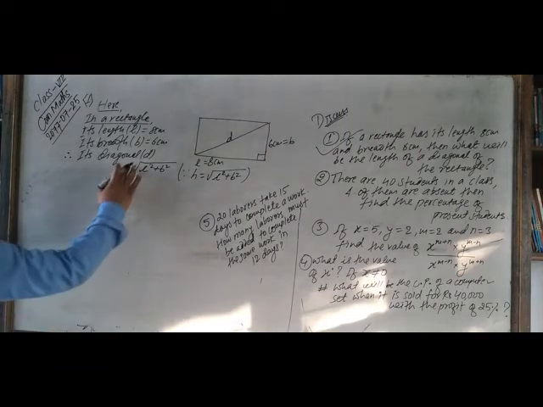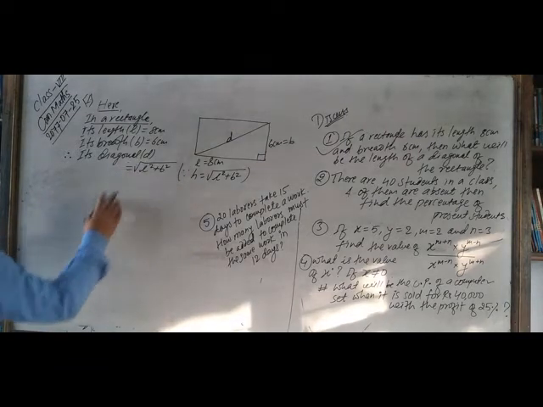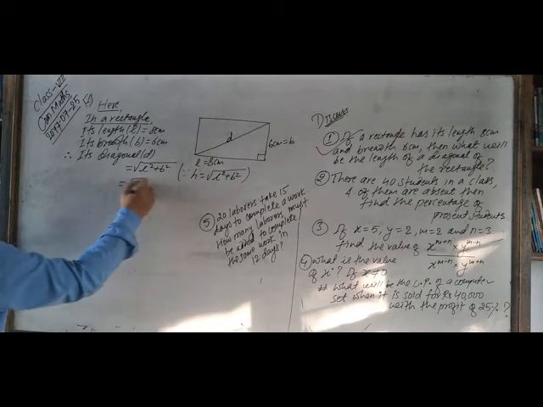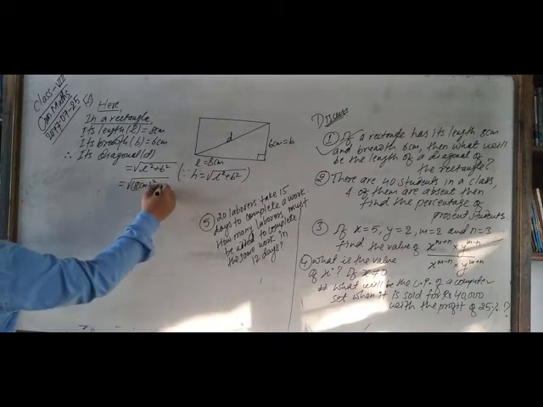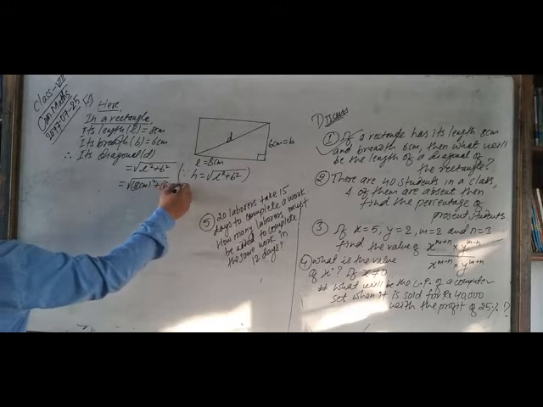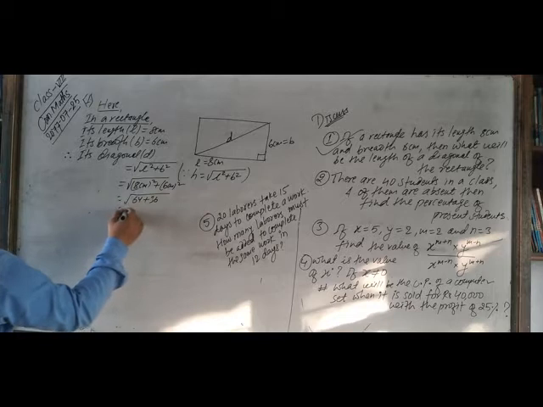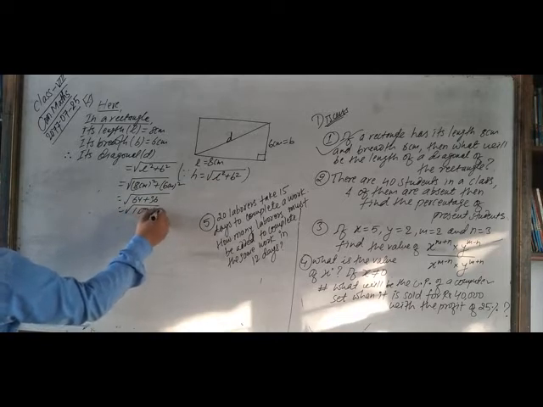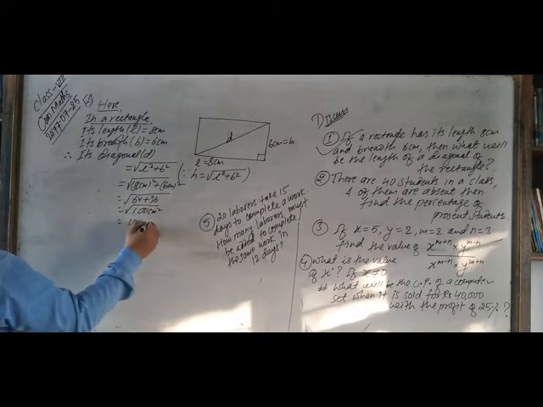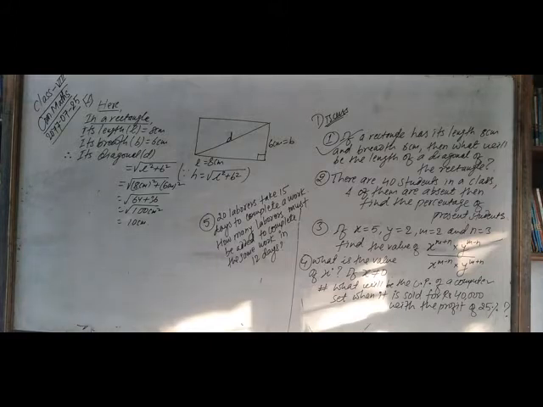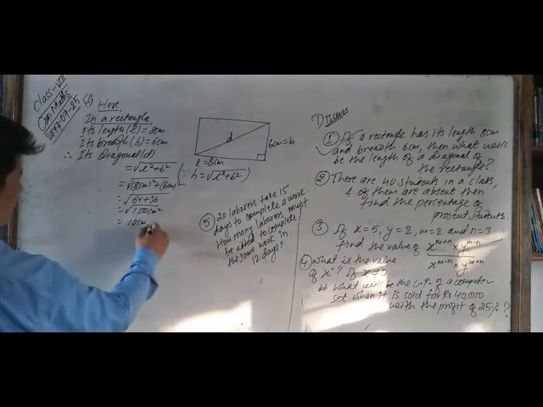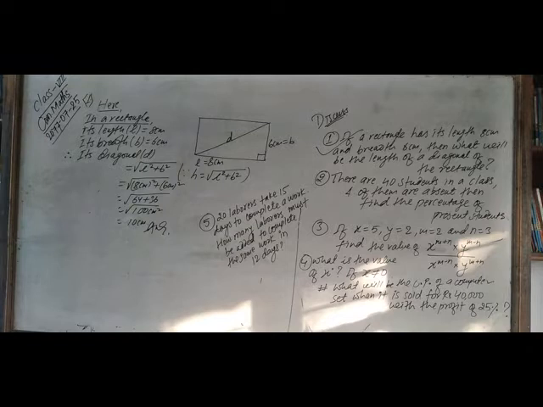Look nicely. Let's put the value of L, 8 cm whole square, and the value of B, 6 cm whole square. It is 64 plus 36, that is 100 centimeter square, so the diagonal is 10 centimeter. So dear students, you can find the diagonal of the rectangle in this way.